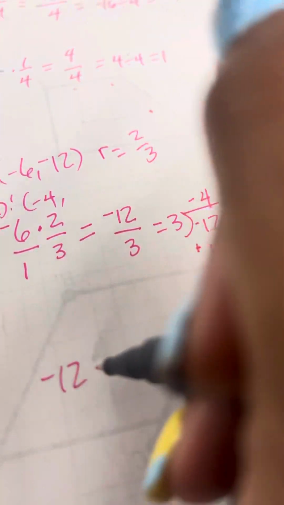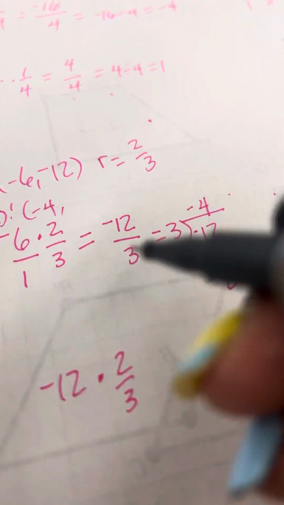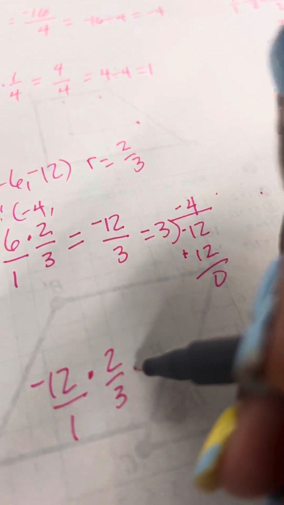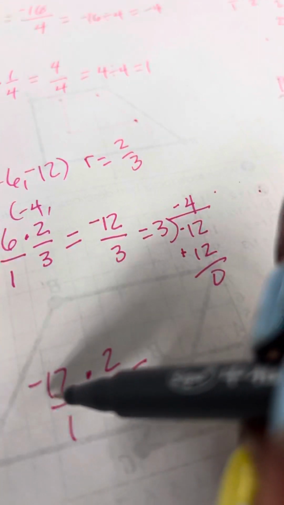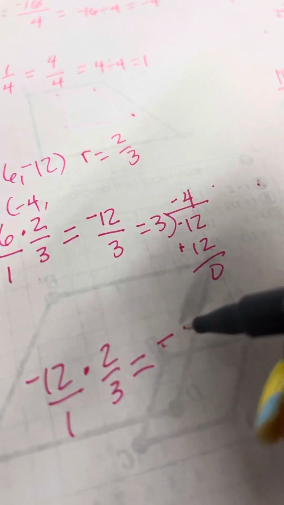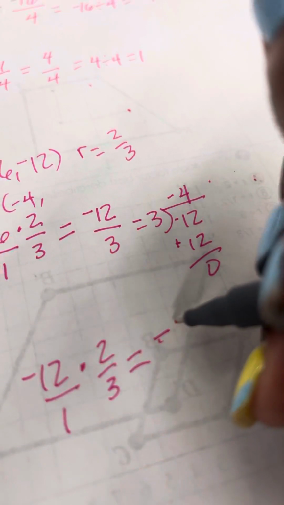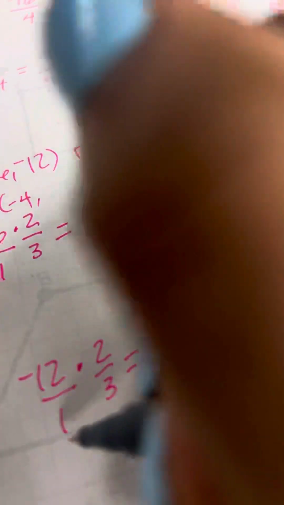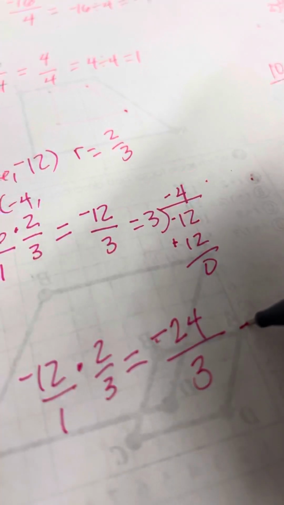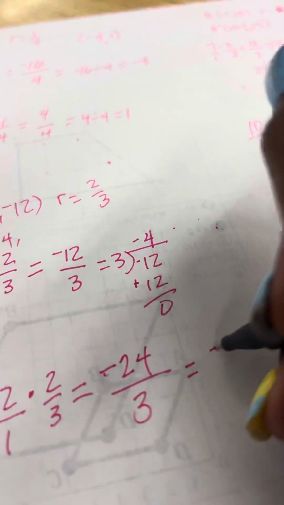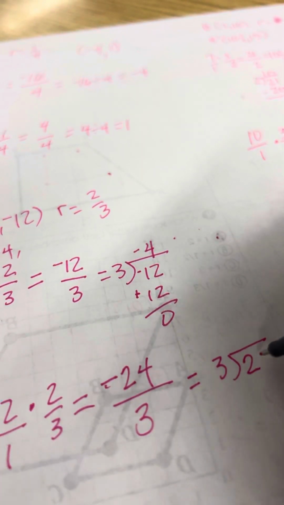Now we want to multiply -12 times 2/3. Place -12 over 1. Multiply across. A negative times a positive is a negative. +2 times -12 is -24. And 1 times 3 is 3. And we say 3 goes into 24.